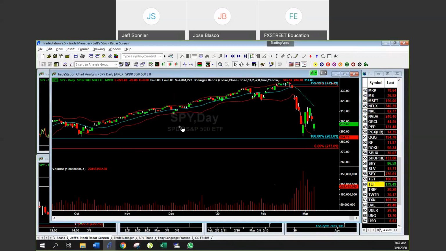And one of the things that I like about SPY are the bid and ask spreads. Just like with the S&P 500 future, the bid and ask spread is usually a tick. And in this case, a tick represents the smallest amount. It would be like a penny in stocks. On the S&P 500 future, we have a 25-cent tick.